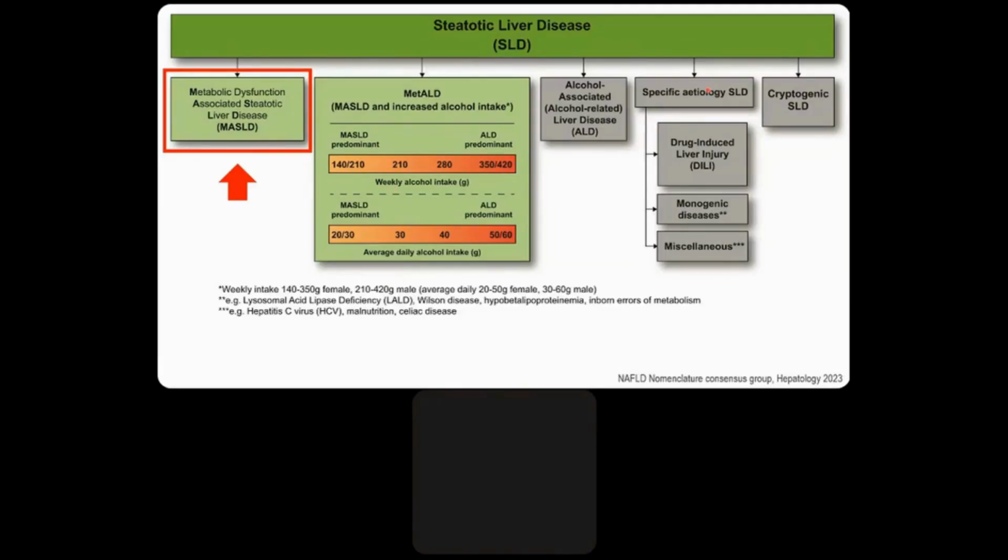Now, there are also less common etiologies of steatotic liver disease, which should be considered separately due to their distinct pathophysiology. These include drug-induced causes of steatotic liver injury, as well as certain monogenic diseases such as Wilson disease and inborn errors of metabolism.